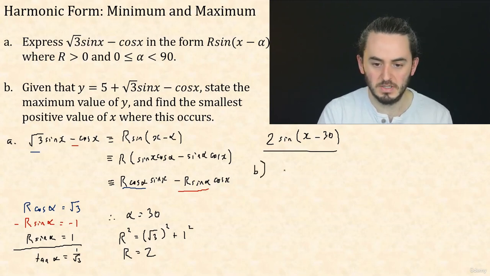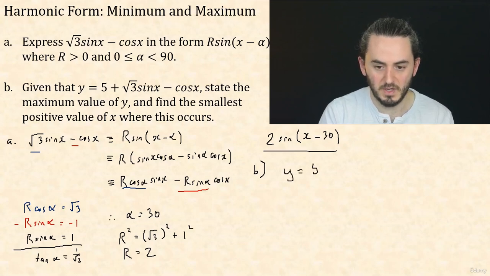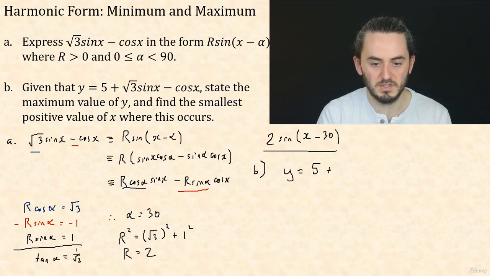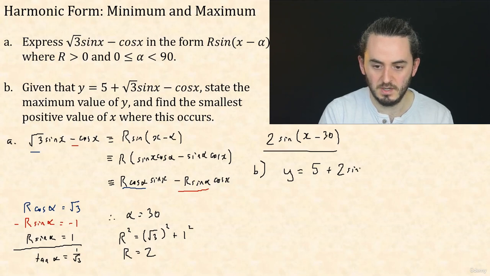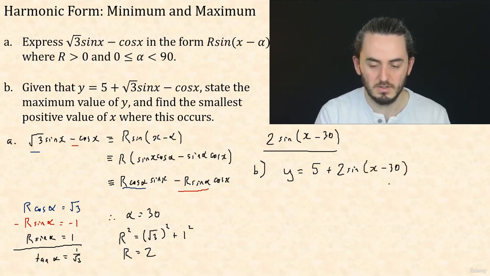Okay, so my function is y equals 5 plus, and then this stuff here, root 3 sine x minus cos x, is just the thing I just expressed in harmonic form. So why don't I just use my harmonic form here, which was 2 sine of (x minus 30).